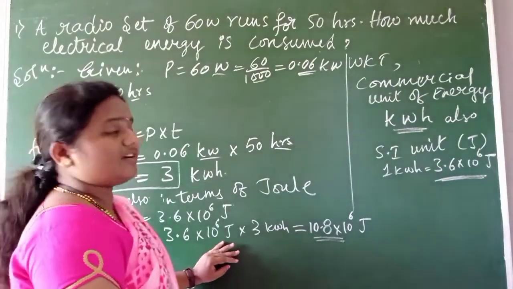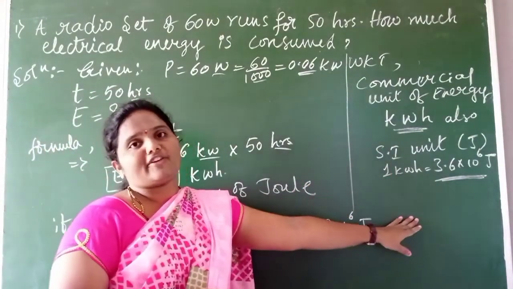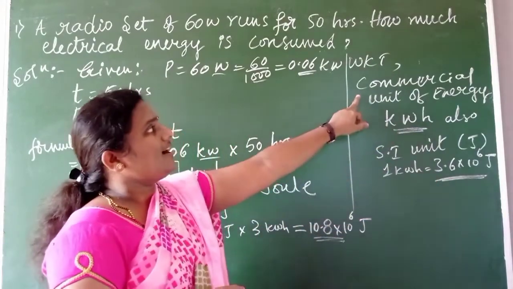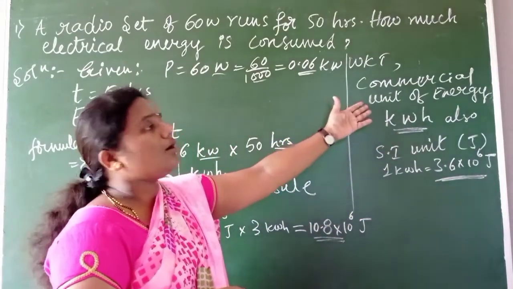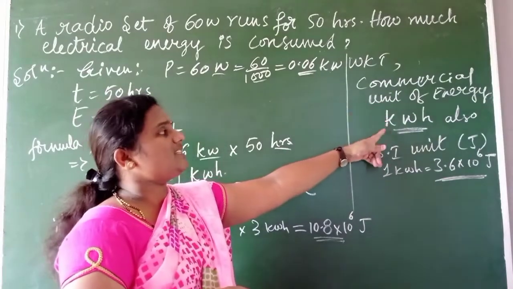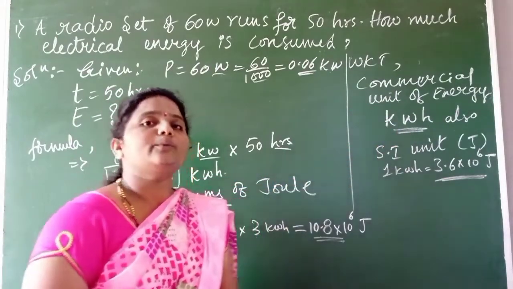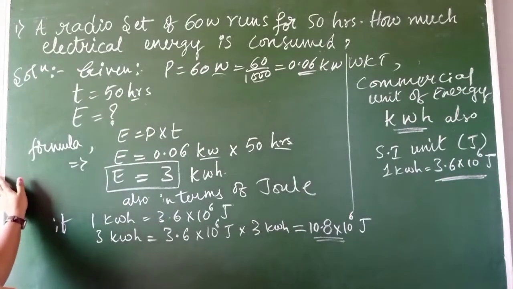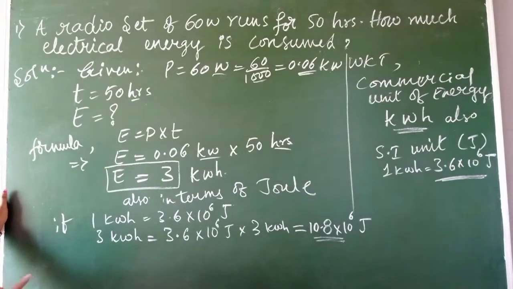Suppose you are converting in terms of the SI unit of energy, then this formula you have to write. Suppose you are writing in terms of the commercial unit of energy, then kilowatt hour units we have to use. It's very simple, children. Only thing is you have to think about what they have given.